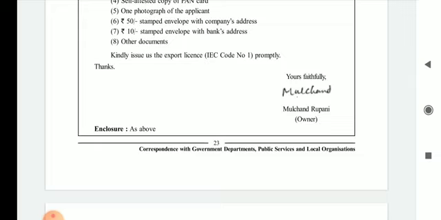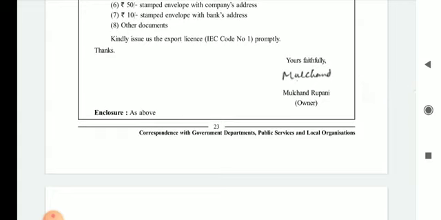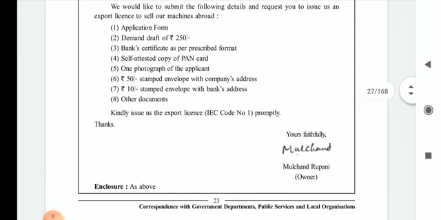See, this is the full form of IEC code, that is of the import export code number 1. Instead of writing thanks, you have to write thanking you. Yours faithfully, you have to write ABCD, and enclosure as above, means these 8 documents are very necessary for getting this type of license.